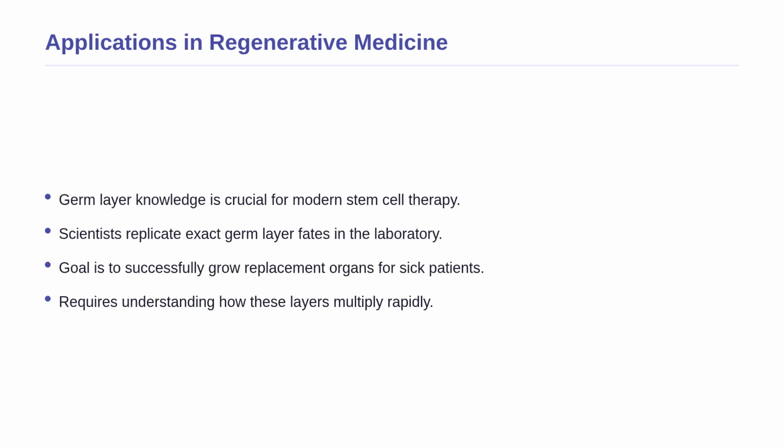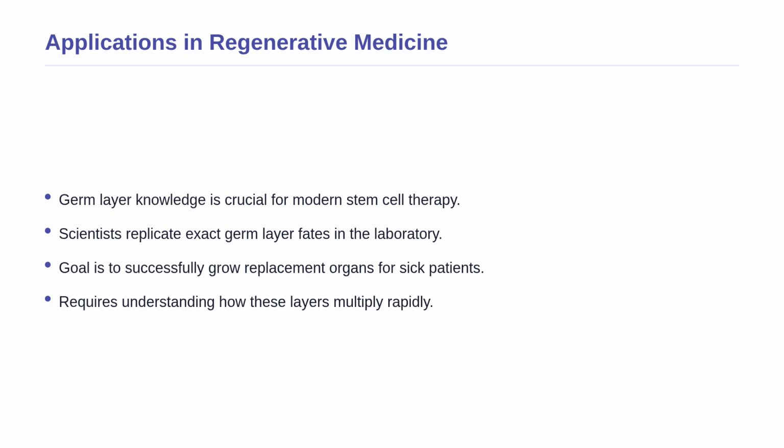Beyond diagnosing birth defects, this biological roadmap opens up incredible possibilities for the future of healthcare. In the modern field of regenerative medicine and stem cell therapy, scientists must replicate these exact germ layer fates in the laboratory.